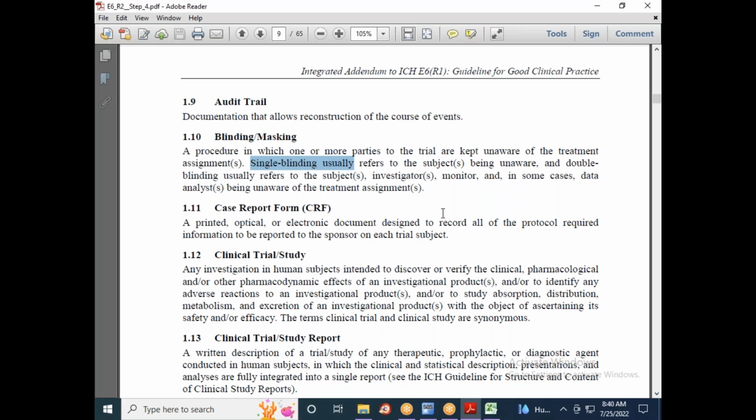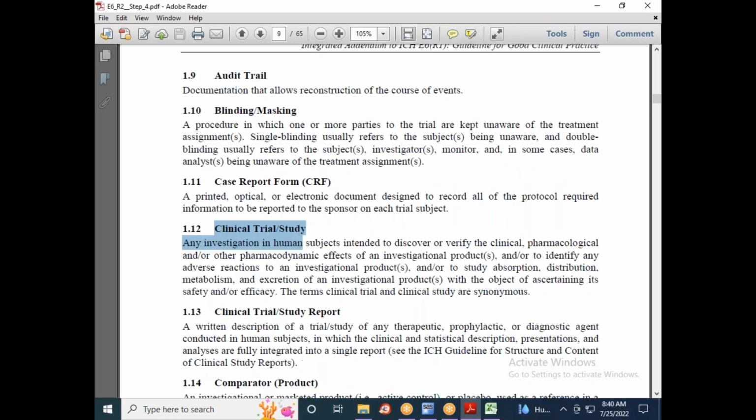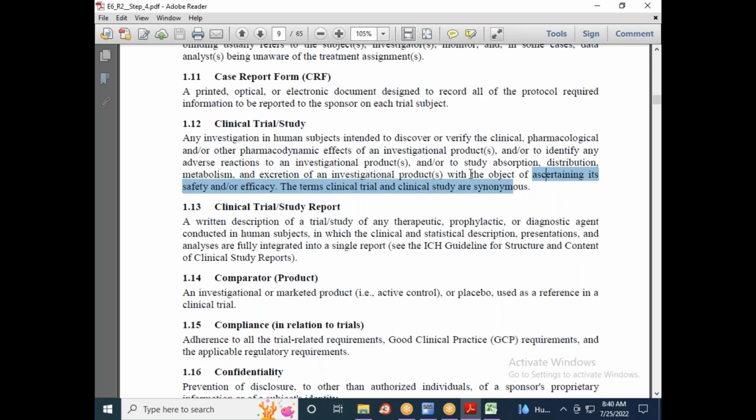Next, clinical study. What is a clinical study? What is a clinical trial? I want everyone to read this definition.